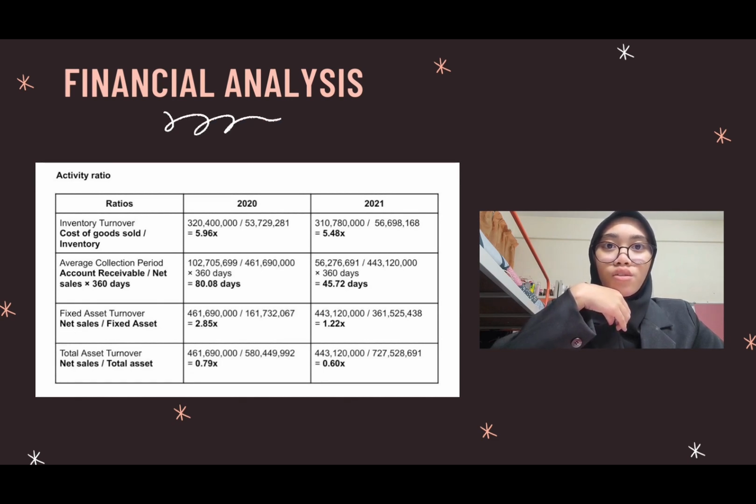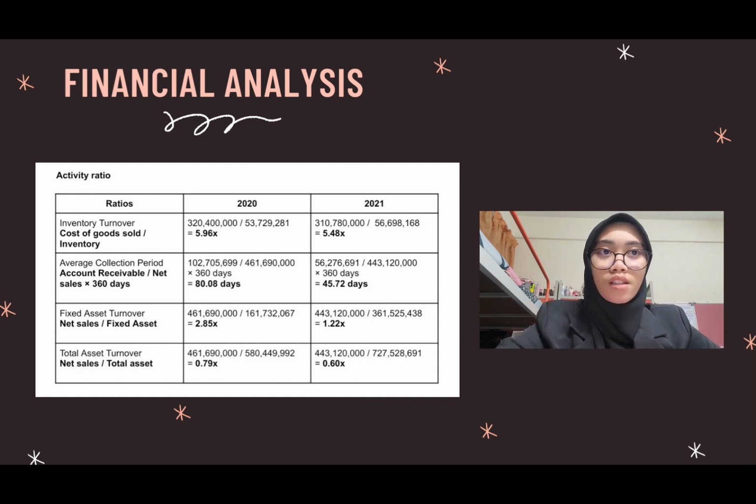This ratio is low and that indicates underutilization of fixed assets. Lastly, in the total asset turnover for the year 2021, Ajinomoto Berhad only manages to generate 60 cent from its overall assets. This low ratio indicates low asset utilization, or that the firm's investment in its assets is less productive.